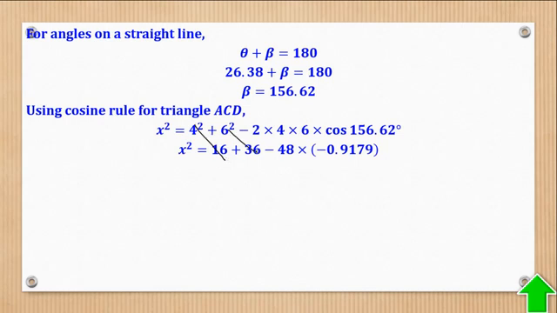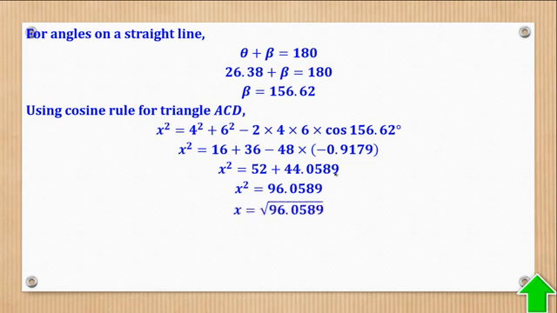Cos of this is a negative, and a negative times a negative gives a positive. Then you add to get this, put square root, and that will be the value of x. Like I told you, this is for the calculator of ES, but for you I expect you to get this. Therefore the length AD which they wanted is that.